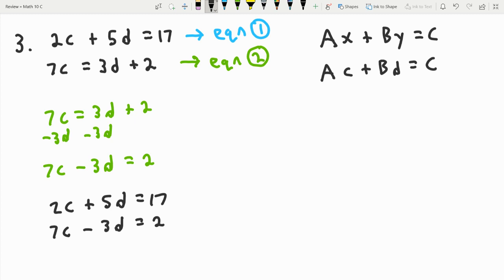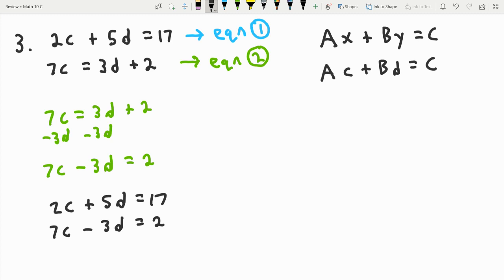Notice that I want to add these equations together to cancel them out. But if I add them together, positive 5D plus negative 3D would get me positive 2D. And what I really want is 0. So I have to either turn the negative 3D in my second equation into negative 5D, or I change my positive 5D in equation 1 into positive 3D.